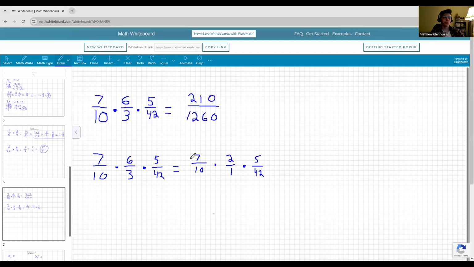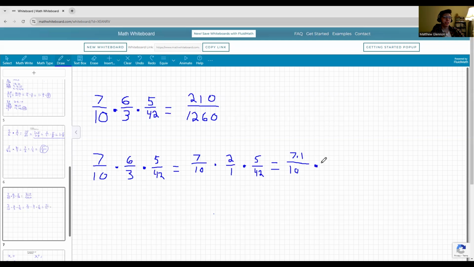So I'm going to start with this first one here. We can see 7 and 1, that can't be simplified. And 7 and 42, well, 42 is a multiple of 7, so we could fix it that way. We could rewrite it so it's 7 times 1 up here, and then 7 times 6 down here, which would look like this. 10, and I'm going to do 7 times 1.